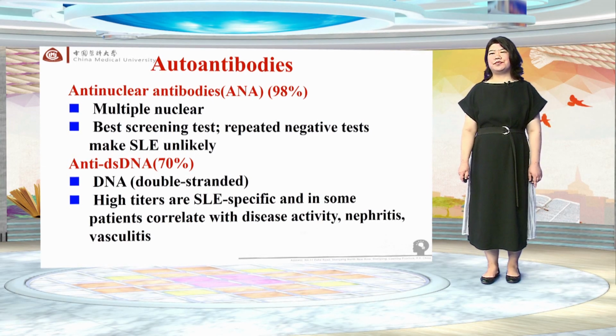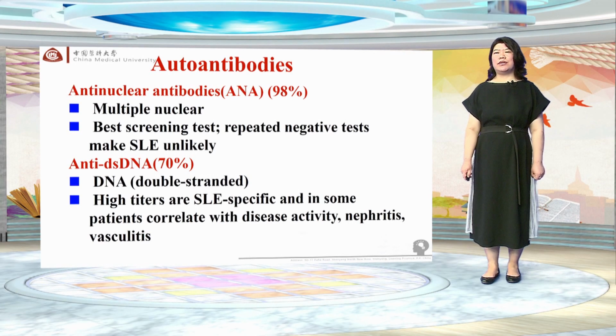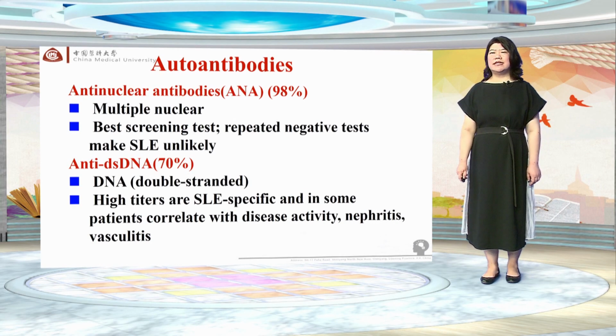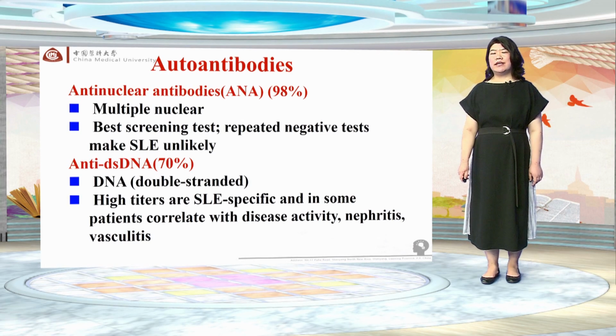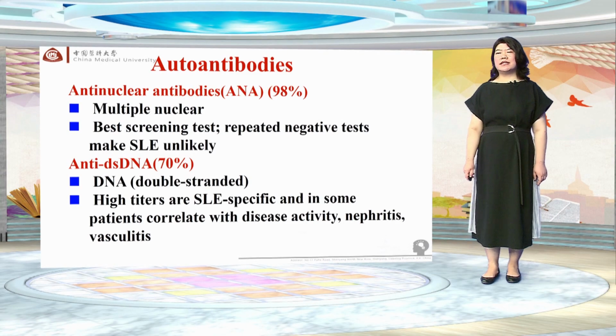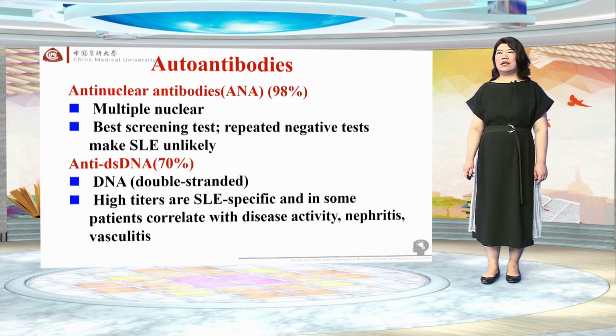The second one is anti-dsDNA antibody. Nearly 70% of lupus patients may have anti-dsDNA antibody positive. The antigen for this antibody is DNA, especially double-stranded DNA. High titers of anti-dsDNA are lupus-specific.